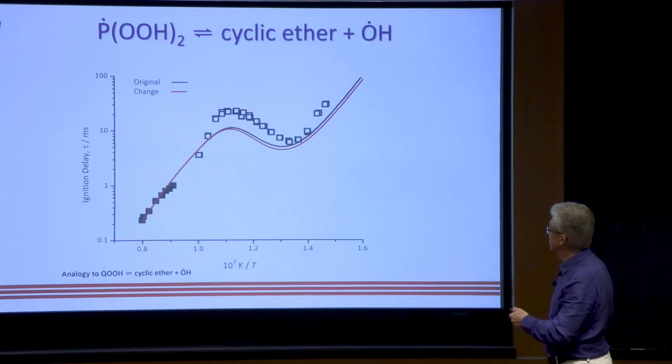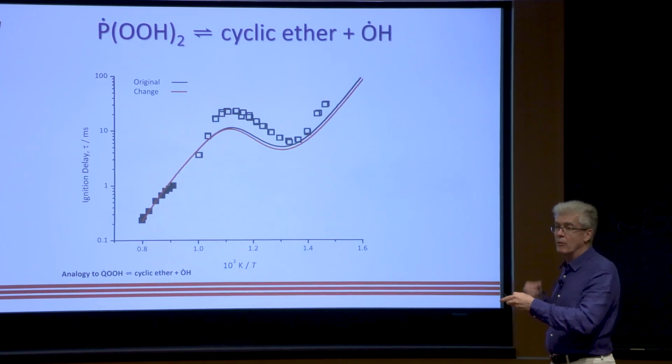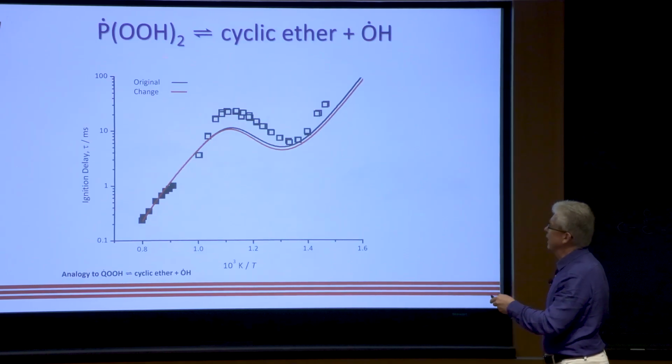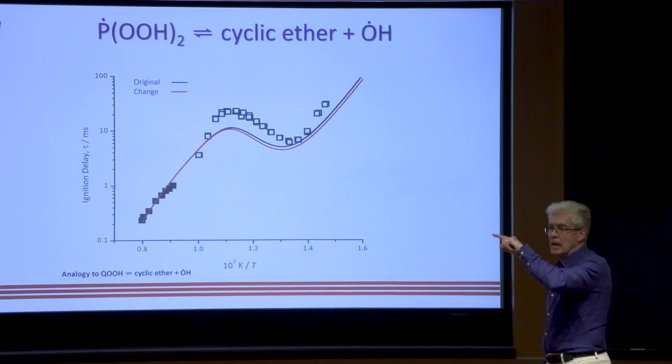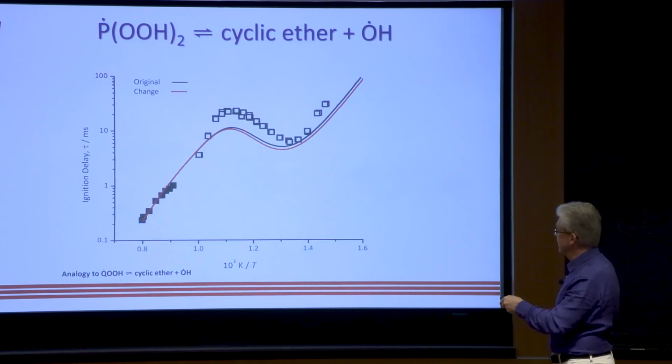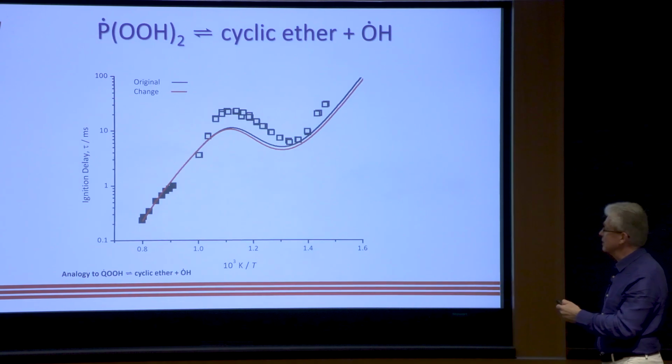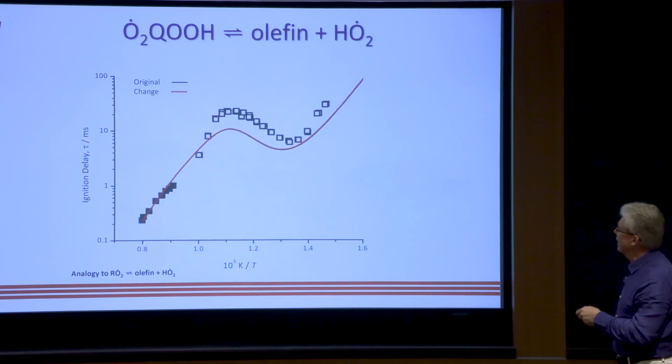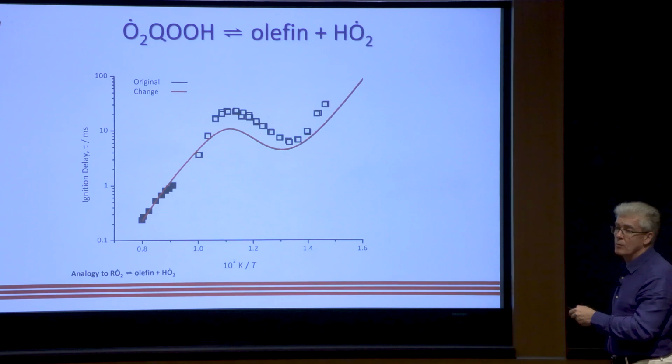But then that radical, we didn't have the cyclic ether, so we now added the cyclic ether plus OH from this radical. So this is like a QOH radical, except it has an OOH group on it already, okay? And that makes things slightly faster, but not hugely. And we also allowed an olefin plus HO2 to be formed from this RO2, okay? And that had no effect on the system, okay?